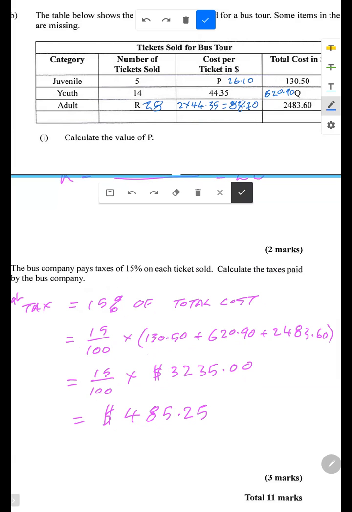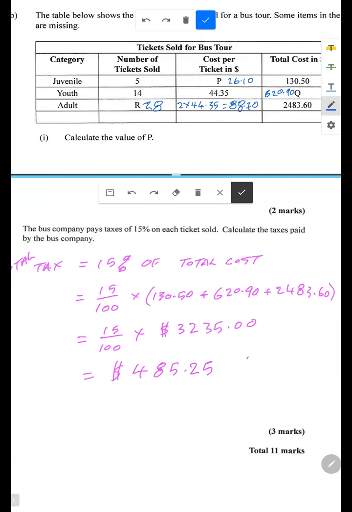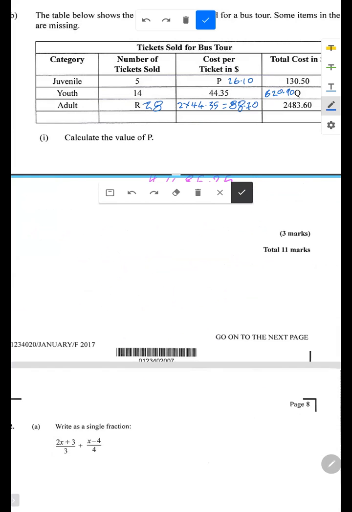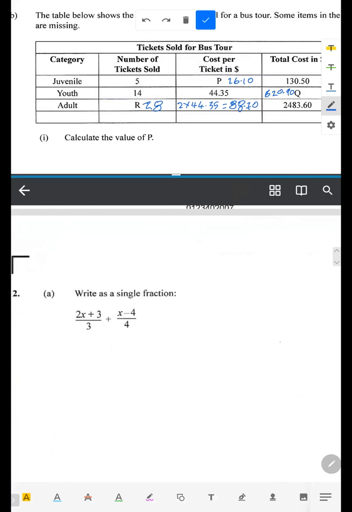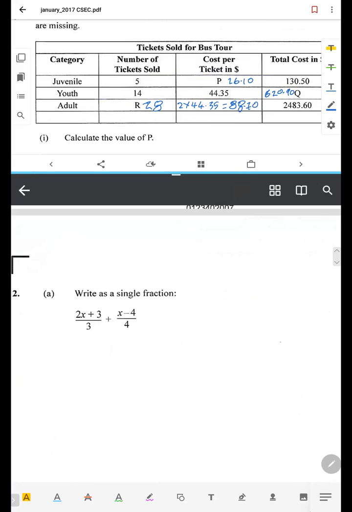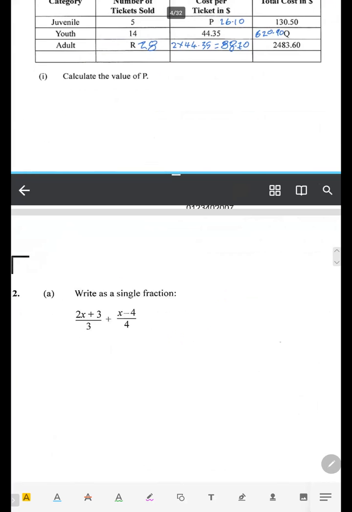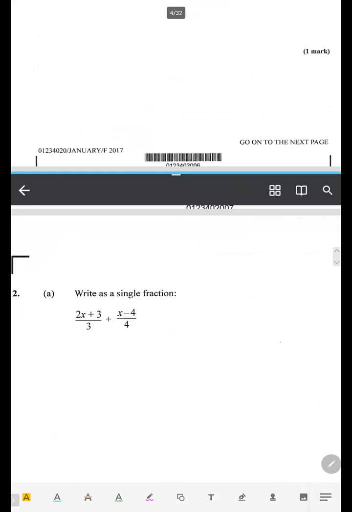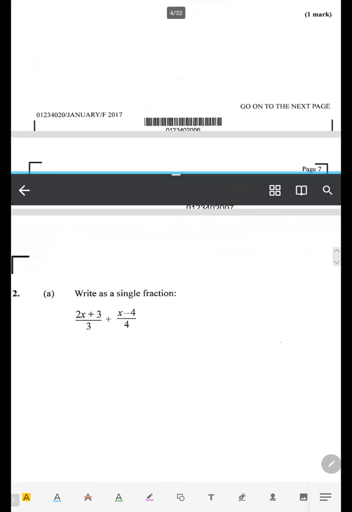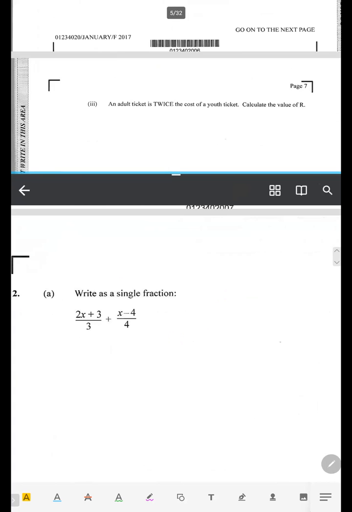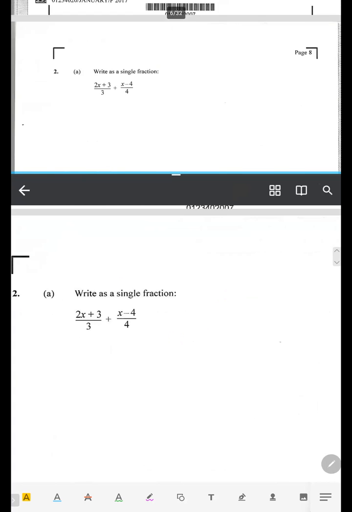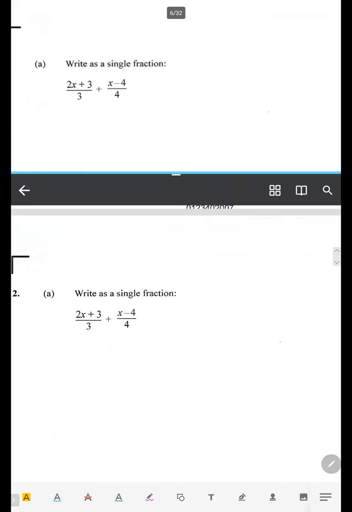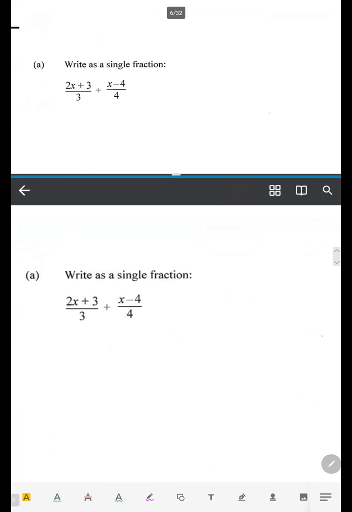All right, so moving down now to question 2. Question 2 now gives us this fraction, right?